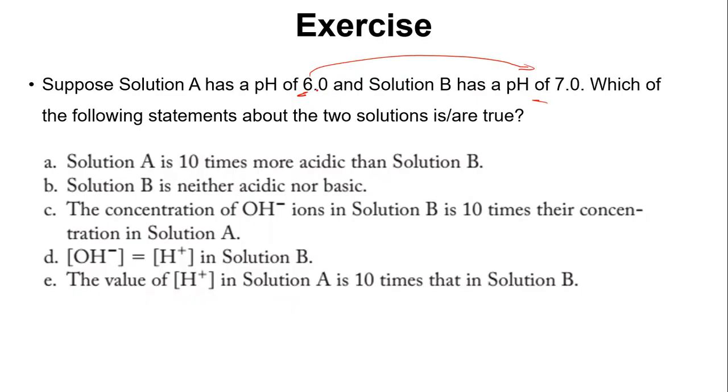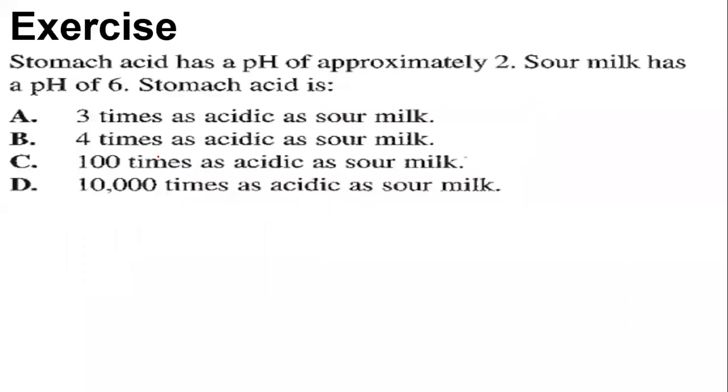The difference between 6 and 7 is just 1, and 1 unit on the pH scale corresponds to 10 folds. What we are saying is that A is 10 times more acidic than B. So the answer is option A. The solution A is 10 times more acidic than solution B.